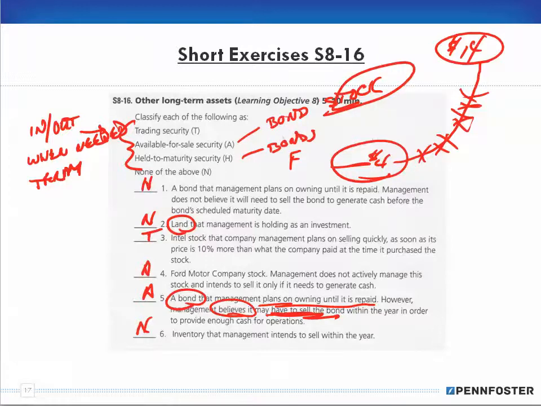And with stock, they move quicker, and if you do well with the stock market, you can make more. The same with the trading security, it's a stock. So even though available for sale generally could be both, more often it will be the stock, and of course the held to maturity would be a bond. Okay, that's just to give you an idea.